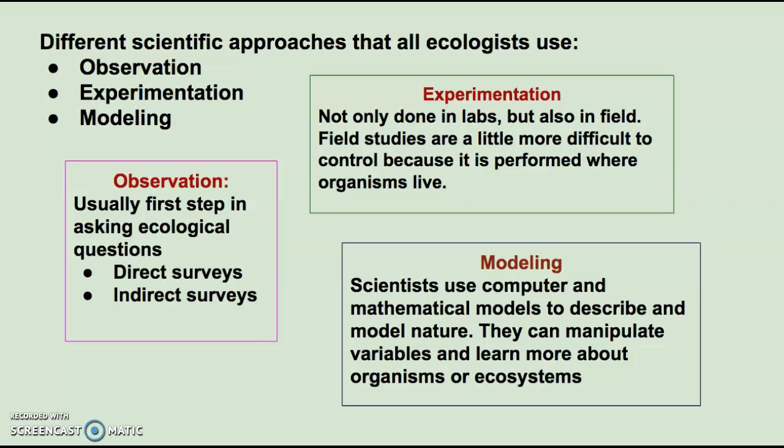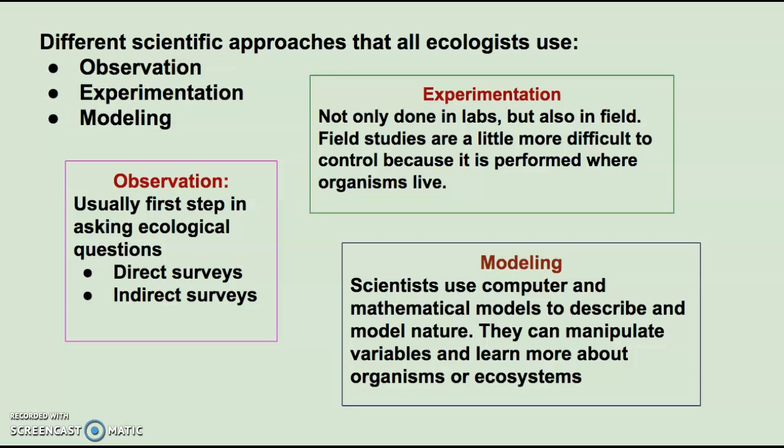They can do direct surveys or indirect surveys. Direct surveys are done for species that are easy to follow, and indirect surveys are used for species that are difficult to track. You're going to read that sometimes transmitters are placed on wild animals to follow them in their natural environment.